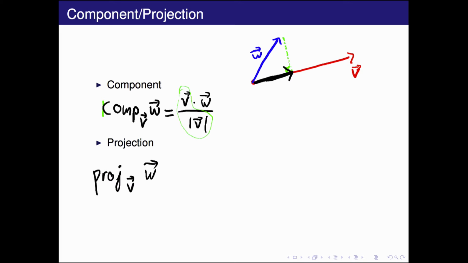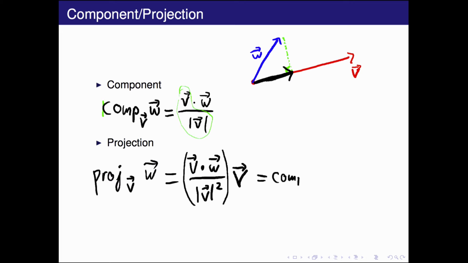So the projection of w along v is simply v dot w over magnitude of v squared times, so this is going to be a scalar, and you multiply the vector v by that. Or if you prefer it the other way, it's the component of w along v multiplied by v divided by its own magnitude.